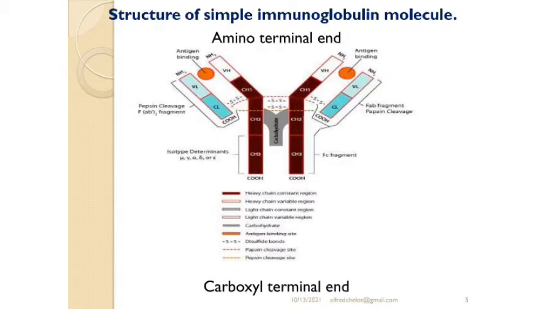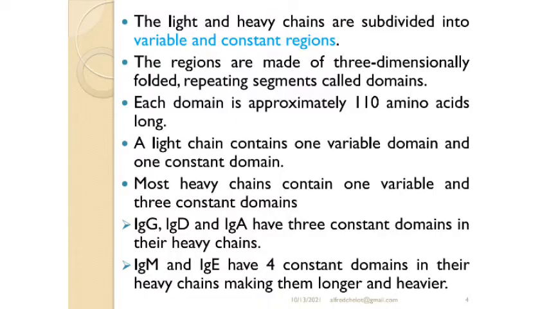From this simple representation of an immunoglobulin molecule, we can see this is where we have the light chain. These are the 2 light chains, and these are the 2 heavy chains. It's important for you to know that. The light and heavy chains are subdivided into variable and constant regions. The regions are made up of 3-dimensionally folded repeating segments called domains.